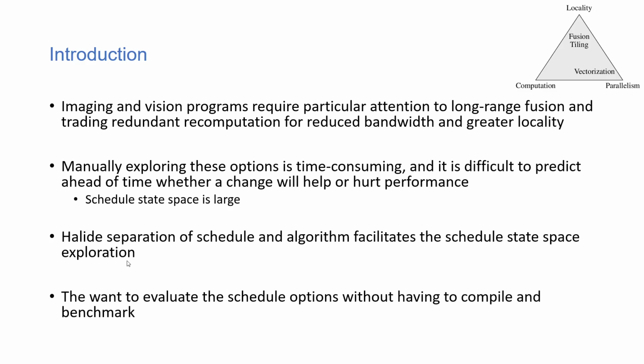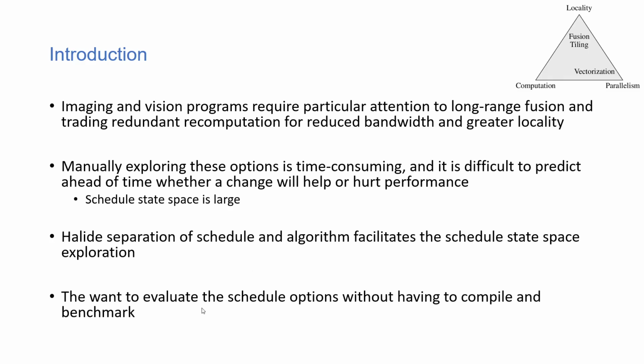Manually exploring all these options is time consuming. It's not practical for a human being to do, and it's difficult to predict ahead. The Halide language provides, as a first-class construct, a way of separating the schedule and algorithm that facilitates the exploration of this state space.